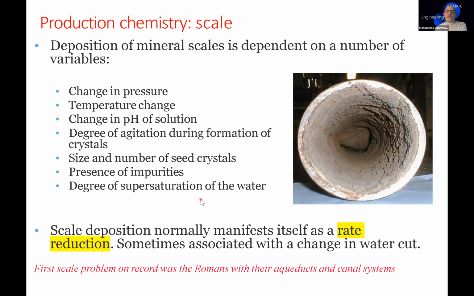So scale deposition normally manifests itself as rate reduction. So why rate reduction? It takes up part of the whole volume of the flow regime inside the wellbore, so it reduces the volume.